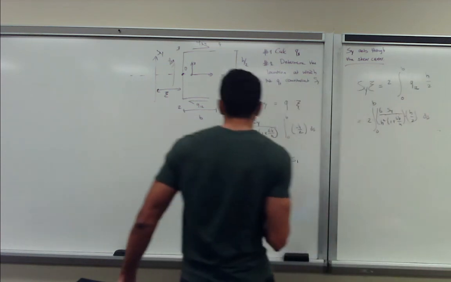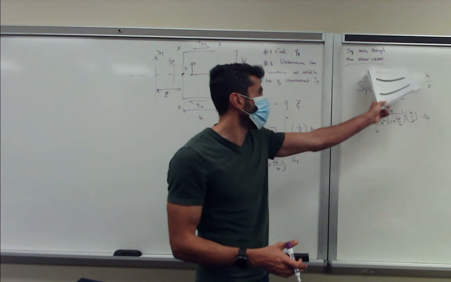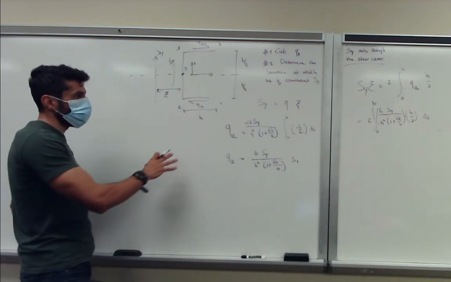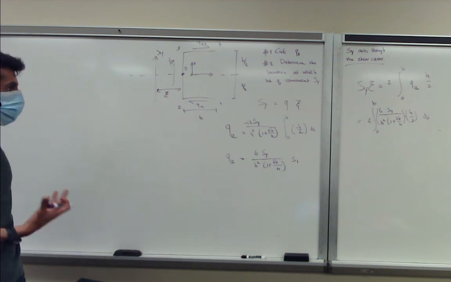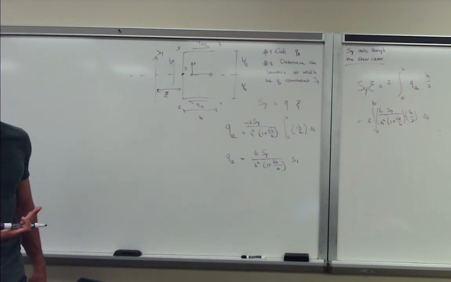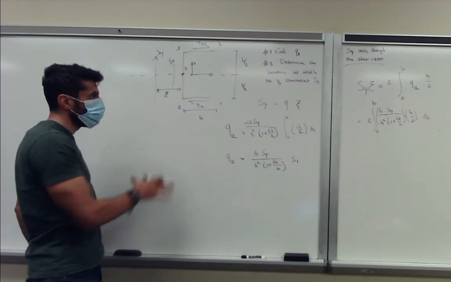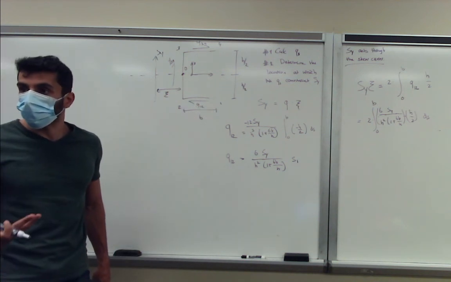Let's step back one step to evaluate why we have another integral here. Shear flow is basically shear force per unit length. So if we multiply by the distance from 0 to 1, then we get our force there.